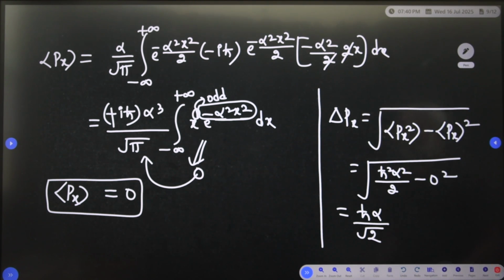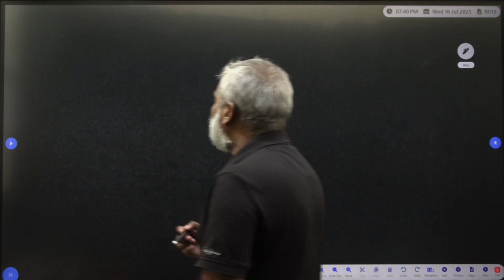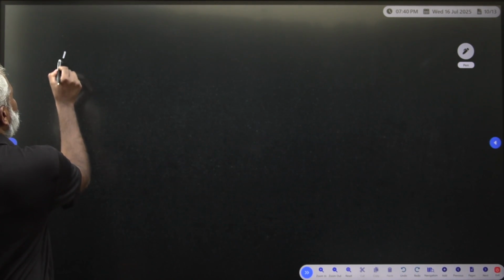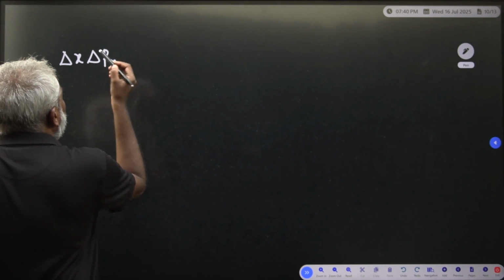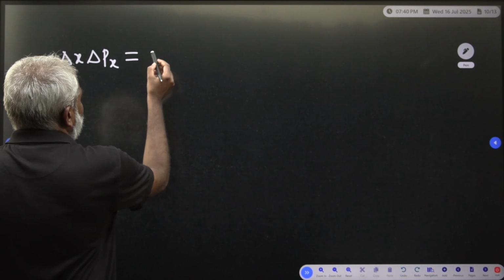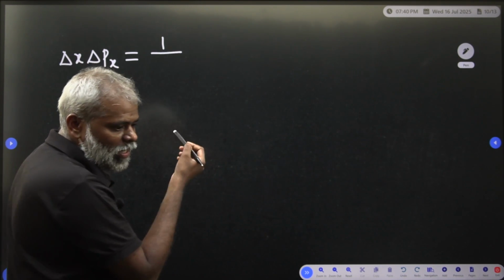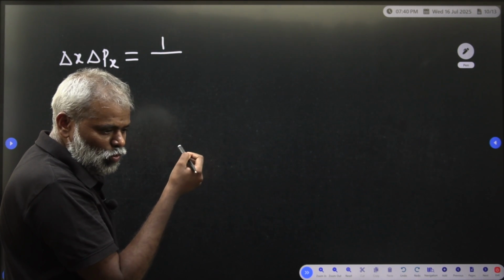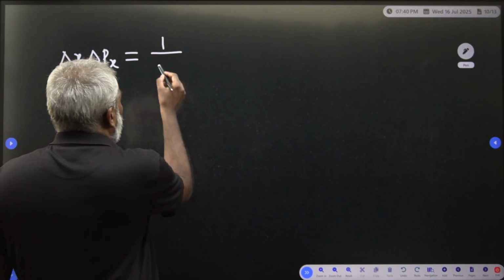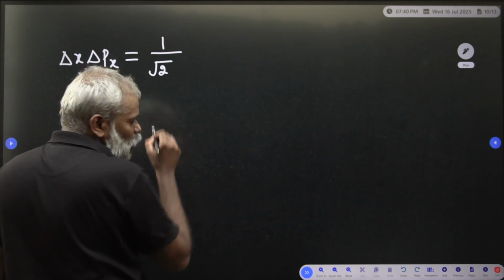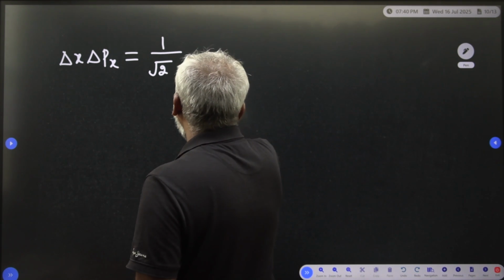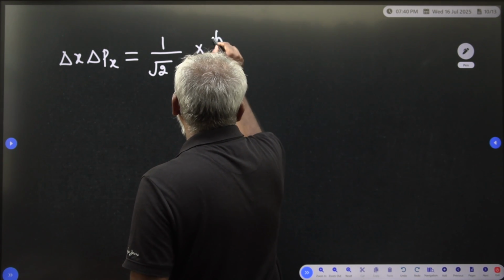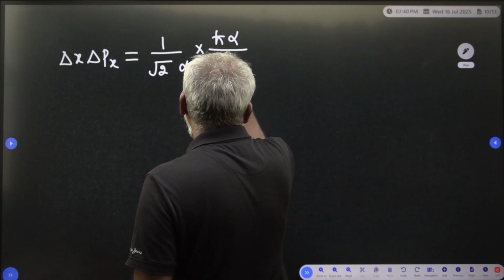But what is our ultimate goal? We need to find the uncertainty principle. How do we calculate it? Delta x into delta px. Already we have delta x equal to 1 by root 2 into alpha, and delta px is equal to h cut alpha divided by root 2.